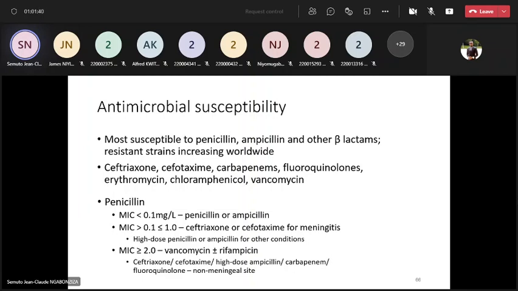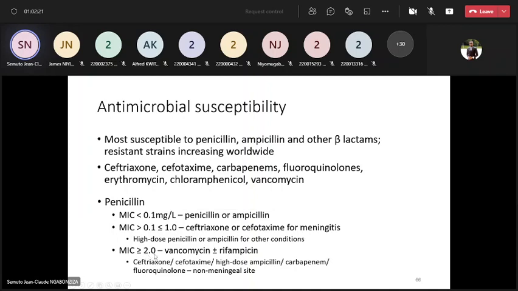So when the minimal inhibitory concentration of penicillin is less than 0.1, you can treat the patient easily with penicillin and ampicillin. When it is in a range of 0.1 to 1, penicillin will not work, so we have to use ceftriaxone or cefotaxime, especially for meningitis, and sometimes high-dose ampicillin for other conditions. By increasing the dose you can treat, but for meningitis it is best to go for this.